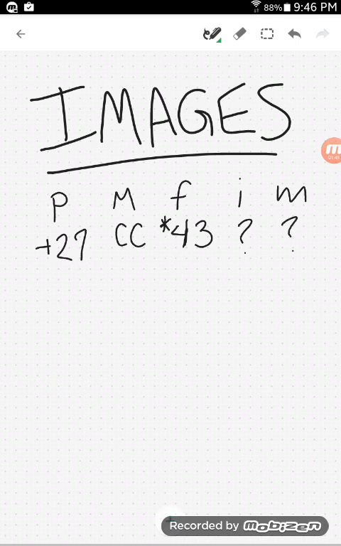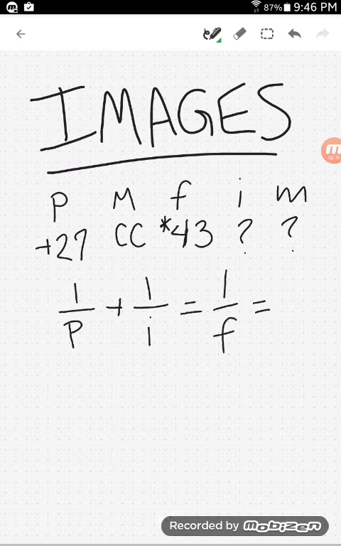So, to begin, we will look at the relationship between all of these, which can be seen in the mirror equation. The mirror equation is 1 over the object distance plus 1 over the image distance equals 1 over the focal distance, which is also equal to 2 over the radius of curvature.